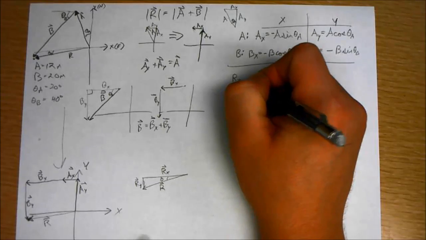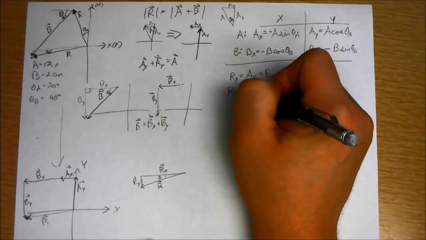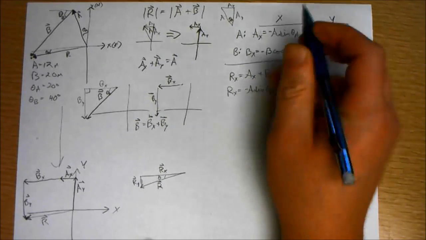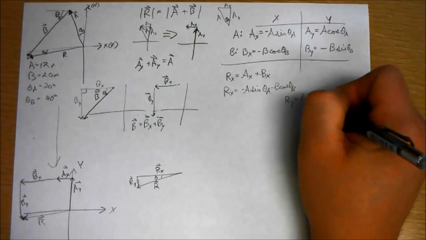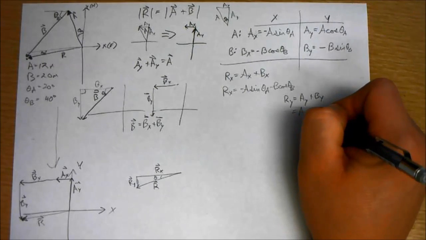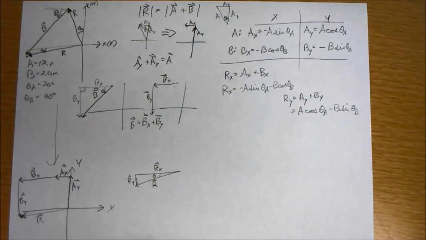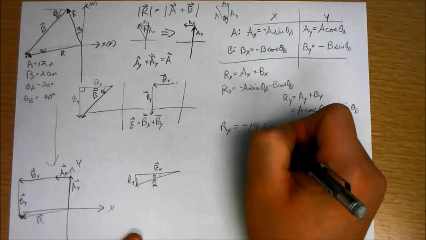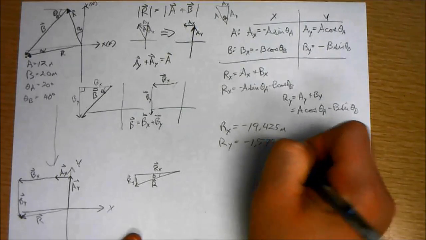Rx is just Ax plus Bx, which is negative A sine theta A minus B cosine theta B. Similarly, Ry is equal to Ay plus By, which is A cosine theta A minus B sine theta B. Once you plug this into the calculator, you find that Rx is equal to negative 19.425 meters, and Ry is equal to negative 1.579 meters. But we're not done yet.